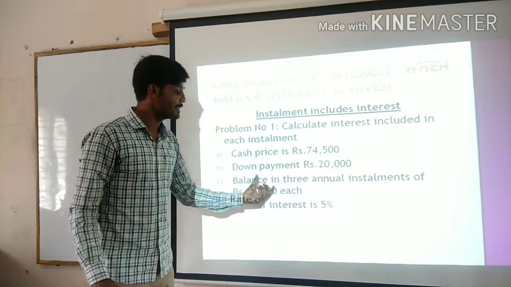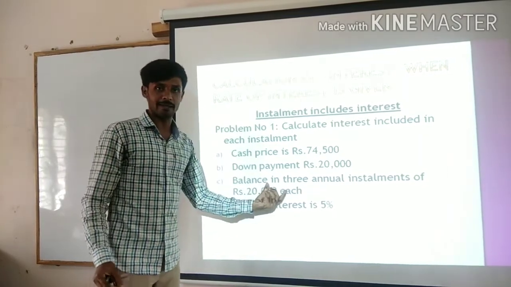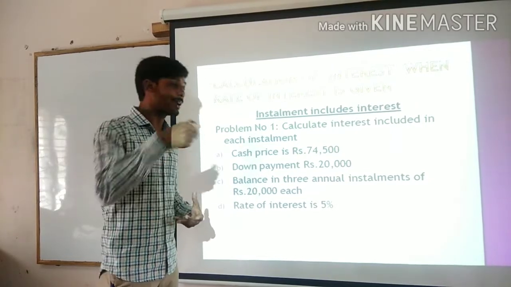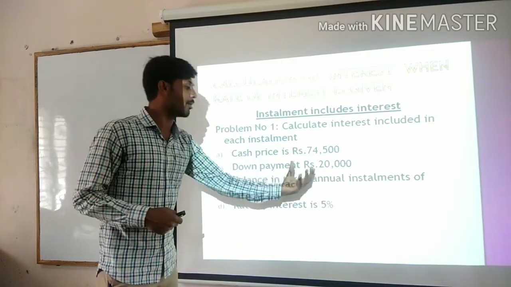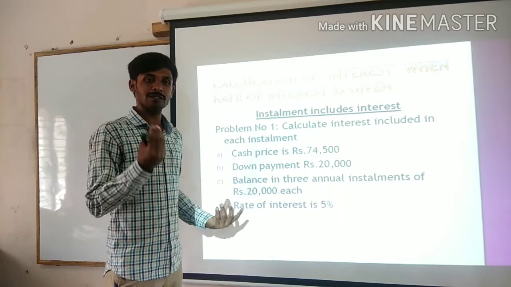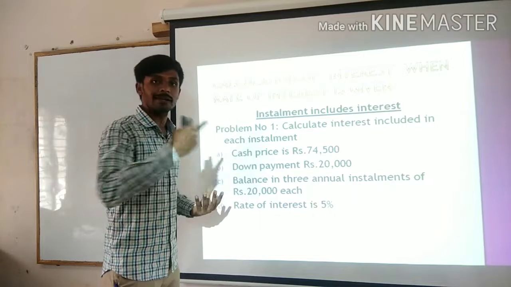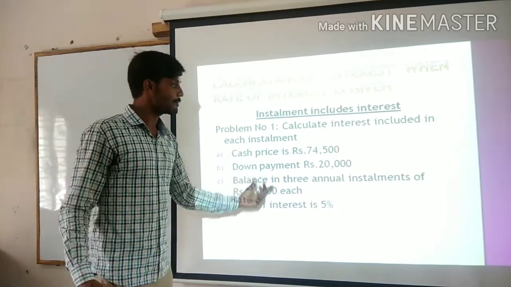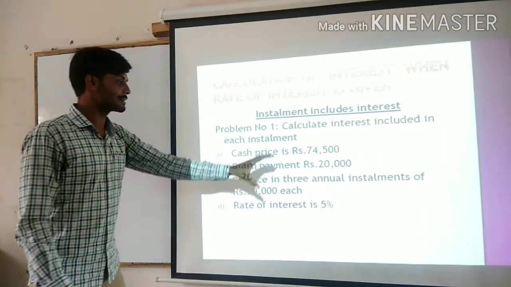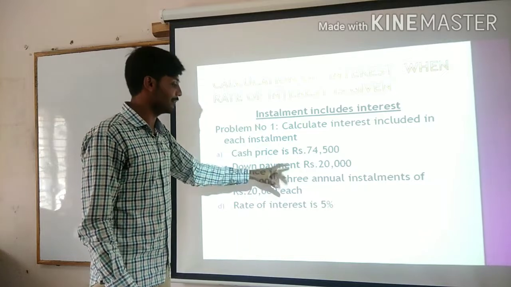Very important thing in the problem: if you do not come across words like along with interest, plus interest, with interest, together with interest, then interest is included in the installment. If those words are included in the problem, that means the installment excludes the interest. Here, the installment includes the interest. Okay, let us discuss how we can solve this problem.